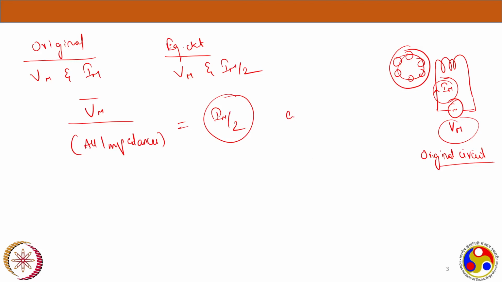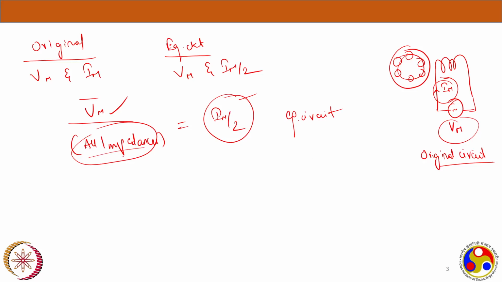Now we want to change this Im by 2, so we have to double the current. Since Vm here is the same, the only changes I can make are in the impedances. So I will divide all the impedances by 2, to make the entire impedance half.